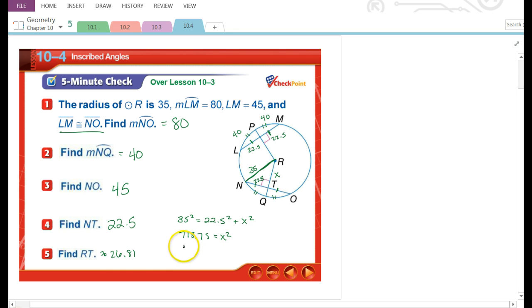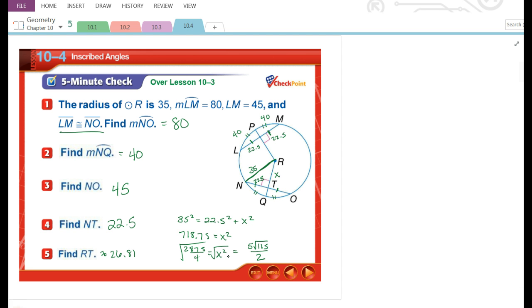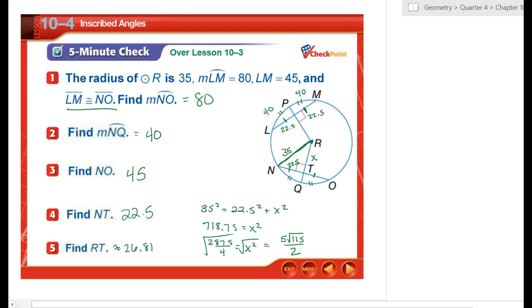Well, that fraction is 2875 over 4 equals x squared. When I take the square root on top, that ends up simplifying to 5 square root of 115 over 2. Alright, so that's the exact version of it. You should know how to do that if I asked. Okay, so moving on.